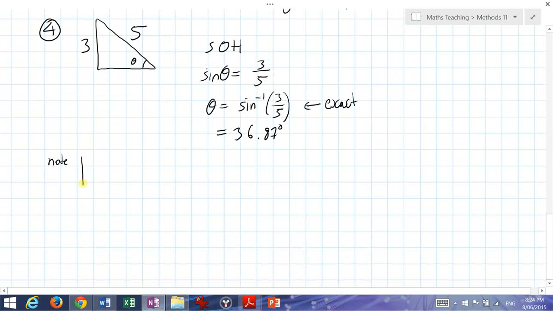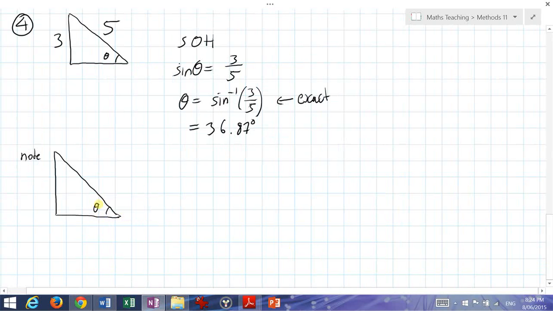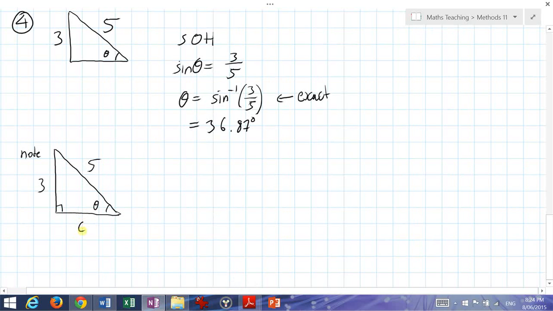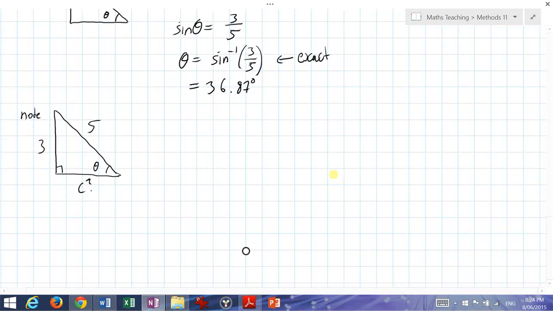So I said, well, you can find all the sides and all the angles. How can you do that? If this angle over here is theta, that's our right angle. That's 3 and that's 5. How can we work out this side? There's a few ways you could use SOH-CAH-TOA, but I would say the easiest way to do it here is to say that we know that c squared plus 3 squared equals 5 squared, using Pythag. a squared plus b squared is c squared.